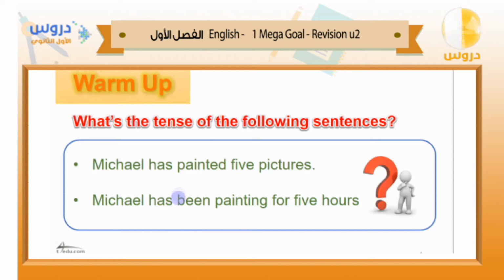So what is the tense for the following sentences? Is it past? You need to tell me why. Is it present? And also you need to tell me why those sentences are present. And if it's future, also you need to tell me the reason.